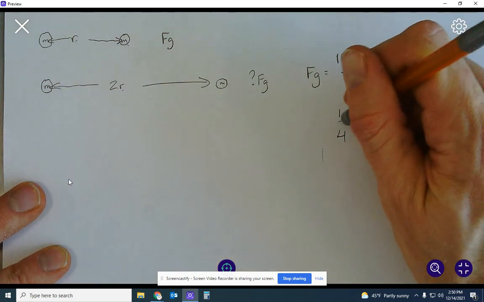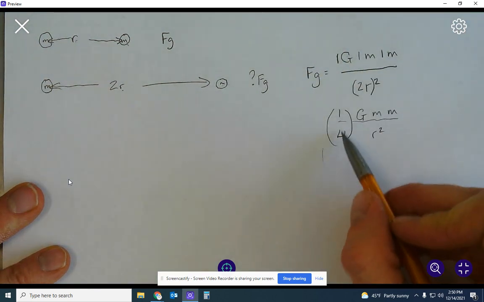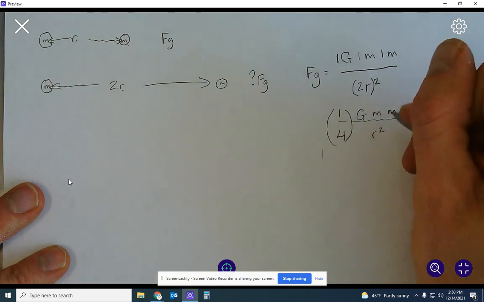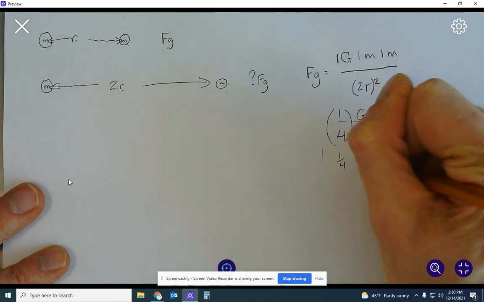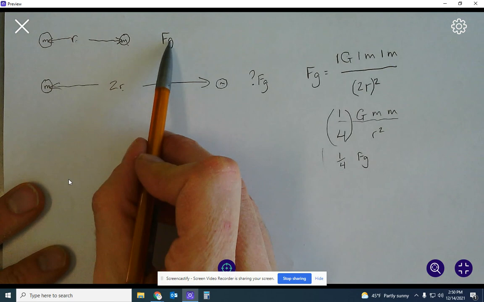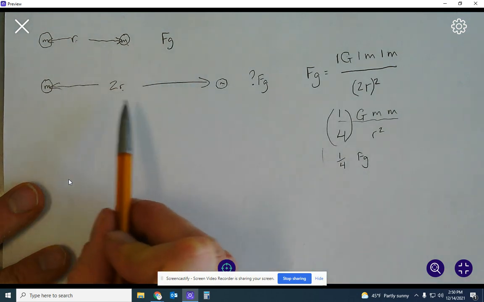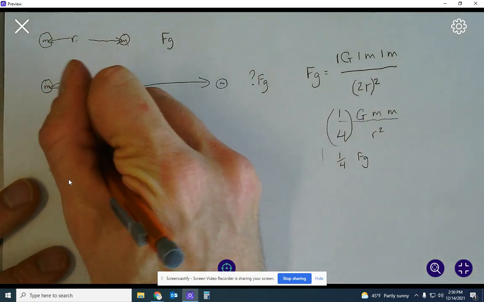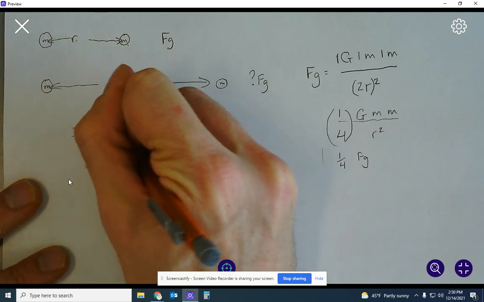So essentially, by doubling the distance, I have quartered the force of gravity between the two objects, because GMm over r squared is Fg. Because Fg was that. So whatever the force of gravity was, it is now 1/4 that, because I've doubled the distance. That's what the inverse square relationship does.